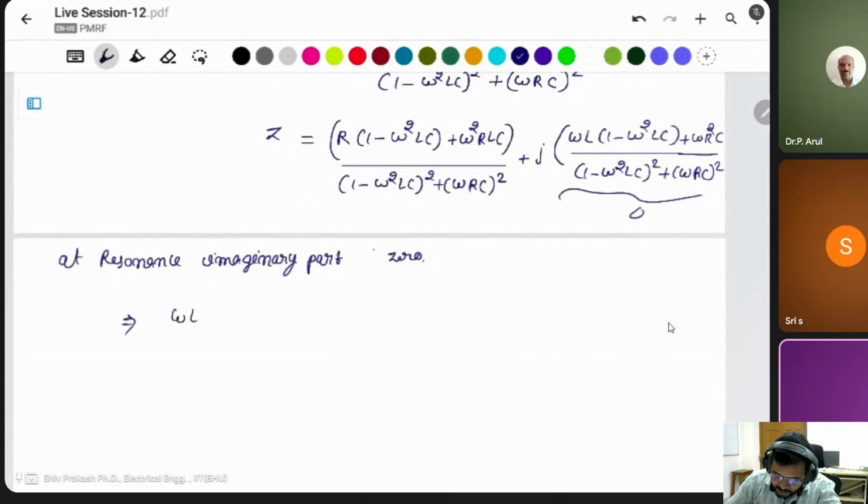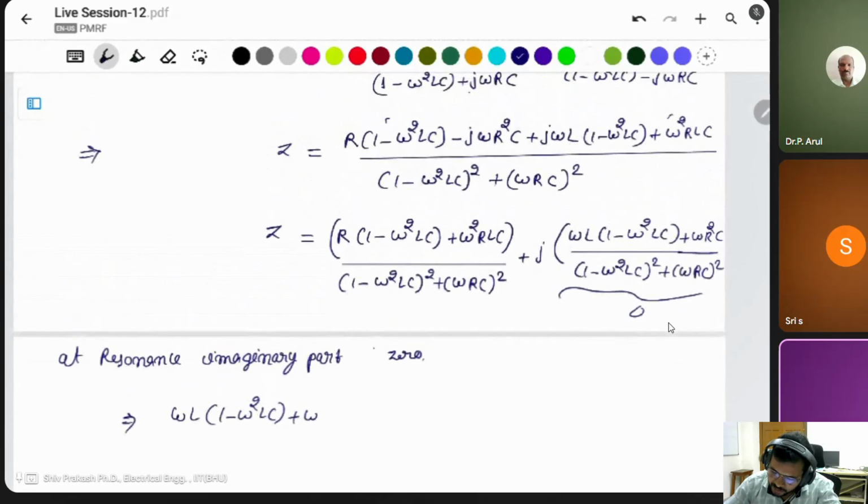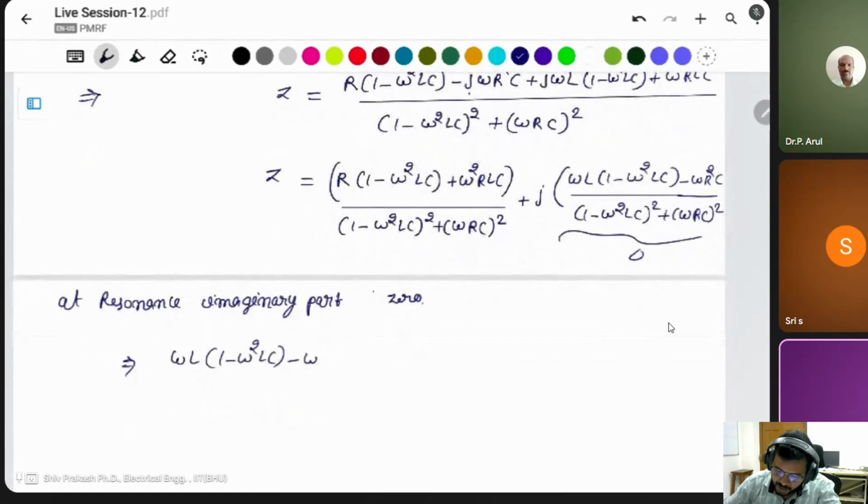This will be omega L times 1 minus omega square LC, sorry, this is negative, minus omega R square C, divided by 1 minus omega square LC whole square plus omega RC whole square, is equal to 0.